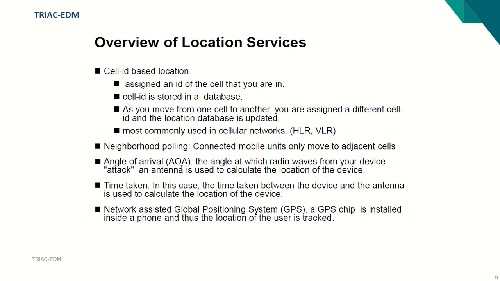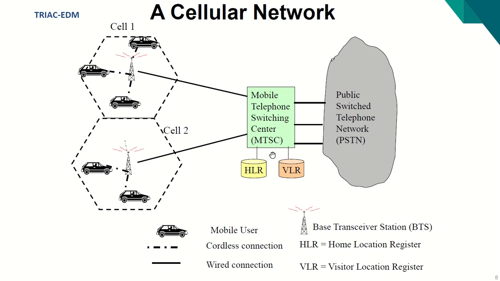Then angle of arrival: the angle at which the radio wave from your device reaches an antenna is used to calculate the location of a device. So for example, if your angle of arrival is from this direction, then the base station and also the switching center will get to know that you're at this location rather than the other location, right?